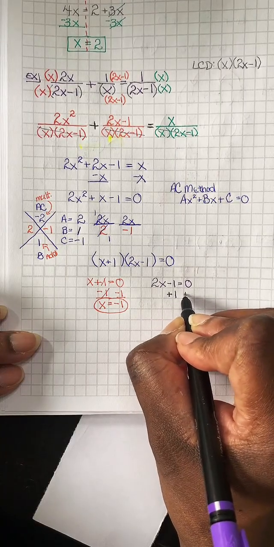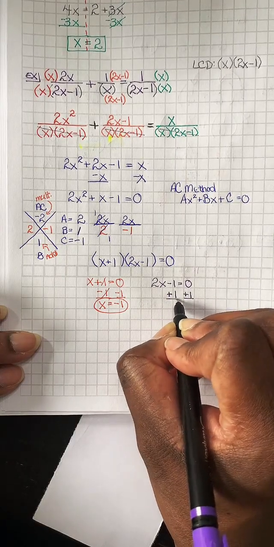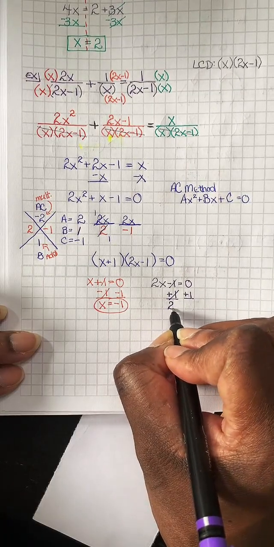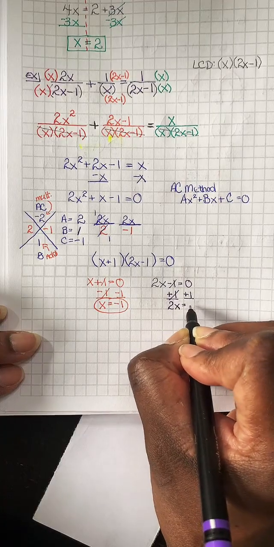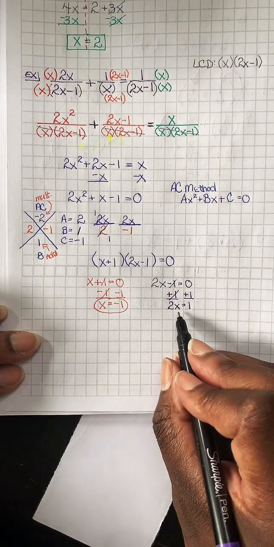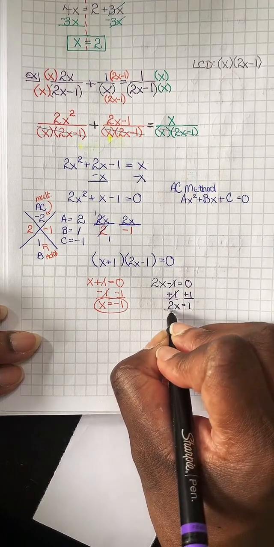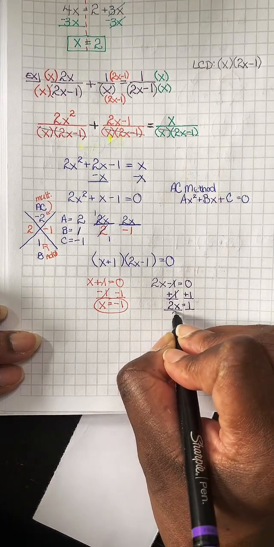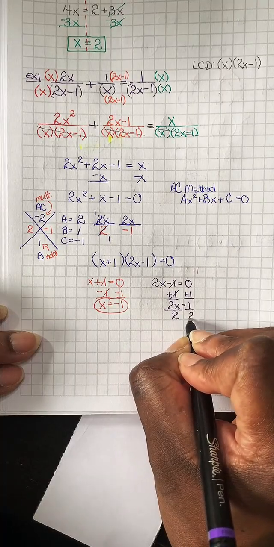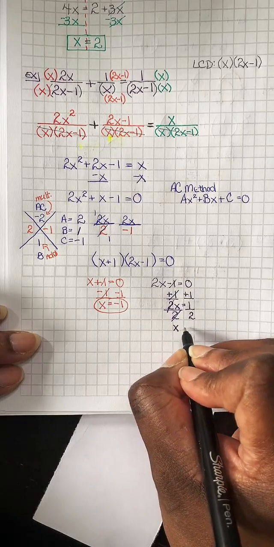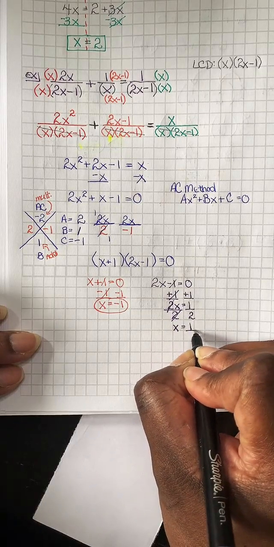I'm going to add 1. So now 2x is equal to 1, but I want to know what x is. So 2x means 2 times x, so I do the opposite. I divide both sides by 2. So x is going to equal 1/2.